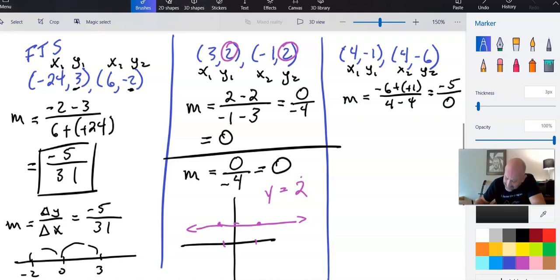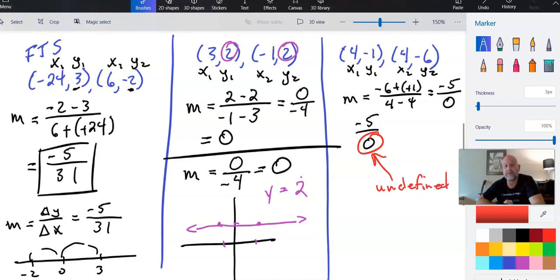So here's the deal. Whenever you have a 0 in the denominator, you can't divide by 0. So what this quantity is then is an undefined quantity, right? So this slope is undefined.